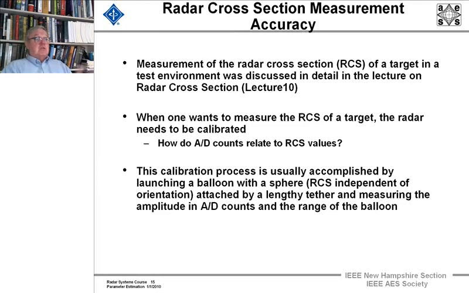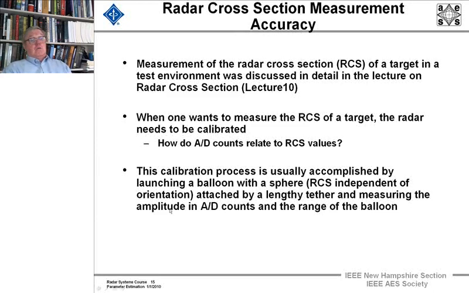And there are two ways that you do it. One way is to launch a balloon with a sphere, whose RCS is well known and independent of orientation, attached to a very lengthy tether, so that you can put that sphere in one given range cell and not have the balloon interfering.